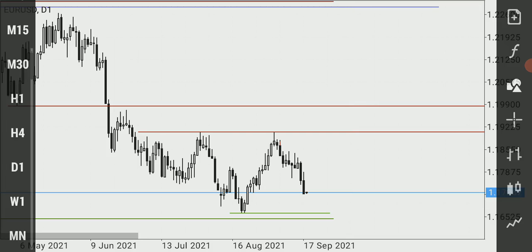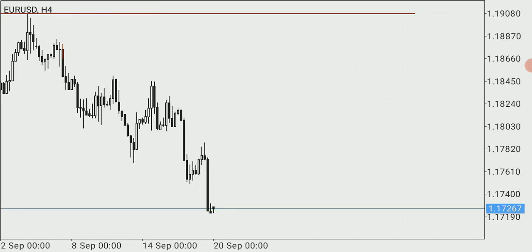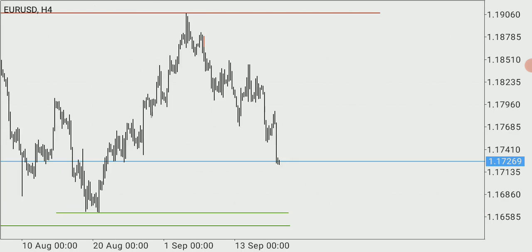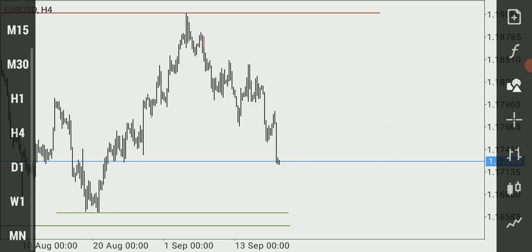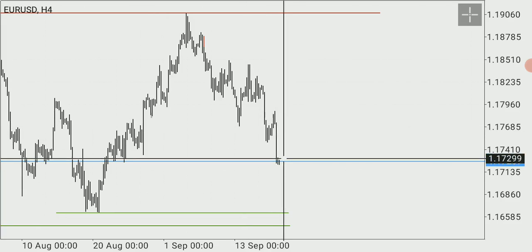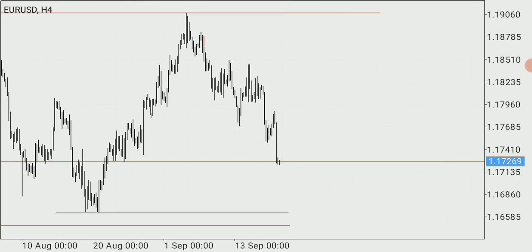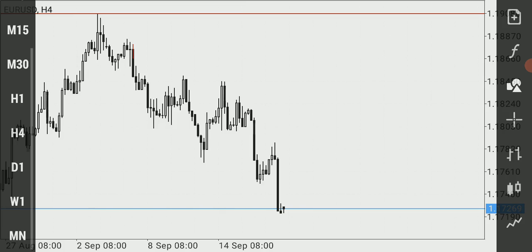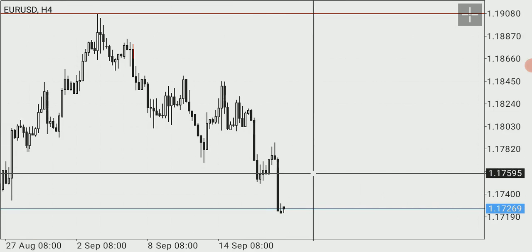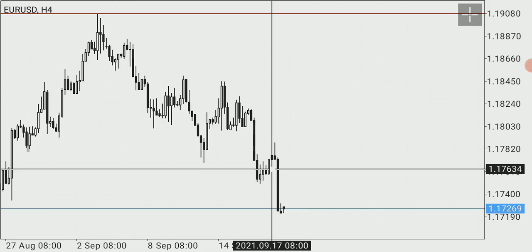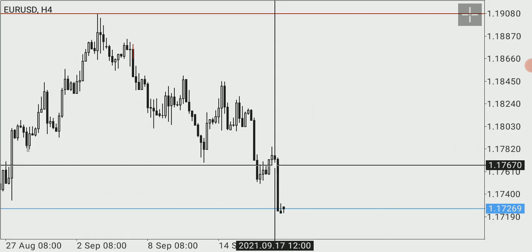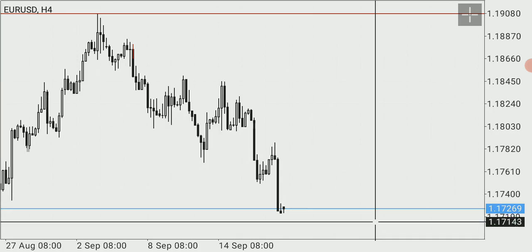So if we are still going to see the bullishness of the dollar, then we are likely going to see the market trade higher to this particular point and then trade lower.